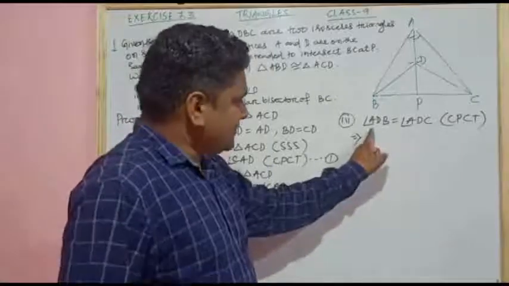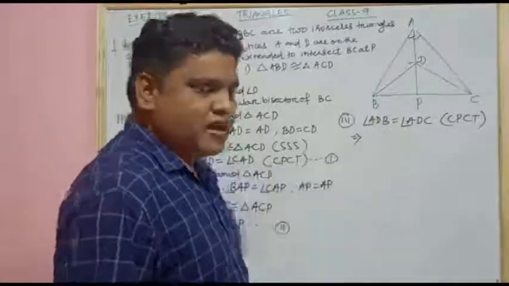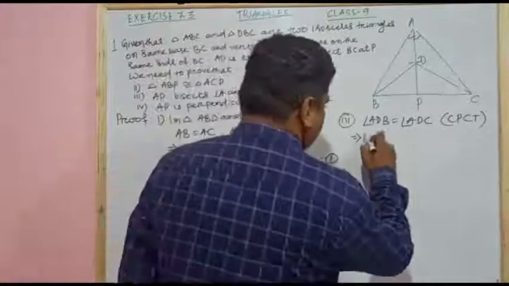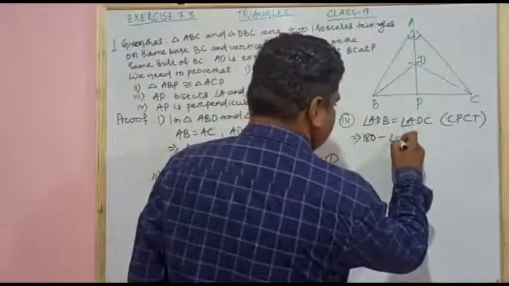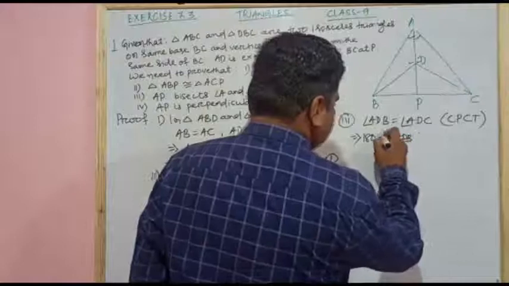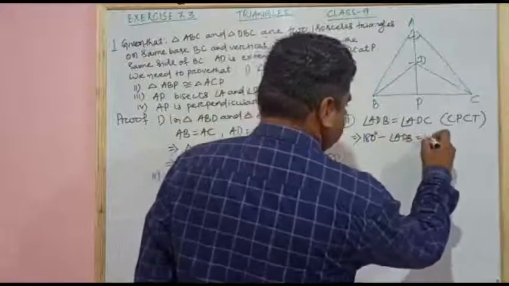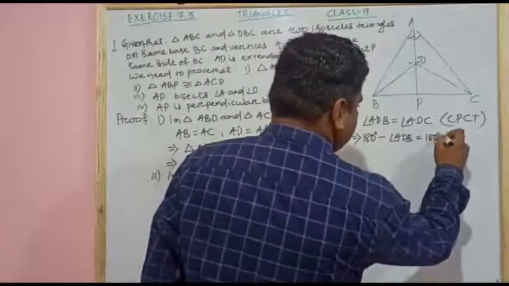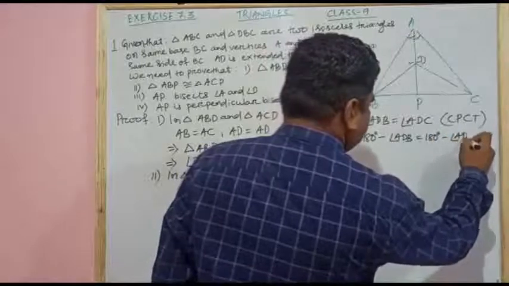So let's subtract these two from 180. So 180 degrees minus angle ADB is equal to 180 degrees minus angle ADC.